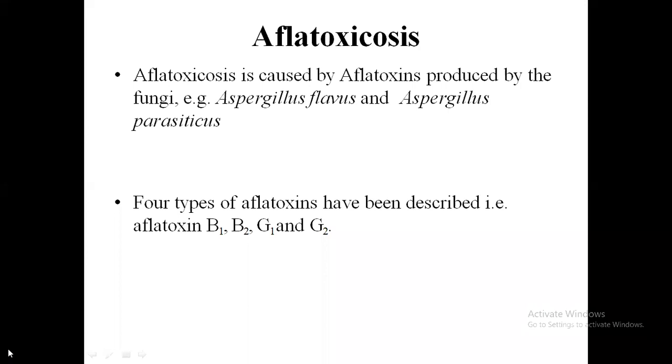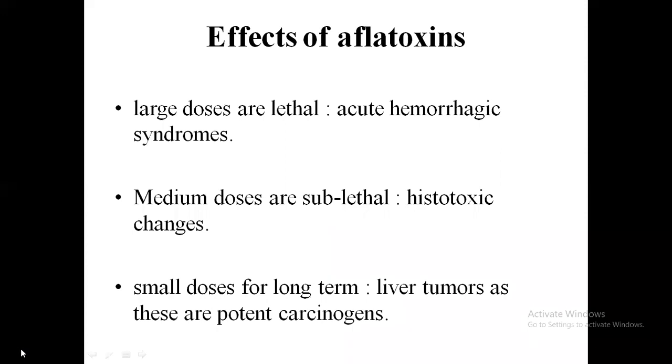There are 4 types: B1, B2, G1, and G2, and this can be lethal, as I told. It can cause a lot of damage to the GI tract and other parts. Because of this damage and irritation to cells and tissues, they can cause hemorrhage, bleeding.